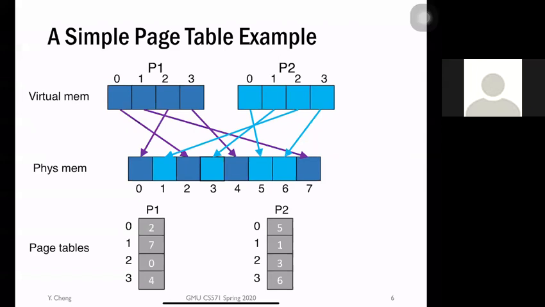But why is it that there's no memory conflict or memory addressing collision? This is because the operating system sitting over here provides this so-called memory virtualization, which is essentially this virtual address to physical address translation.